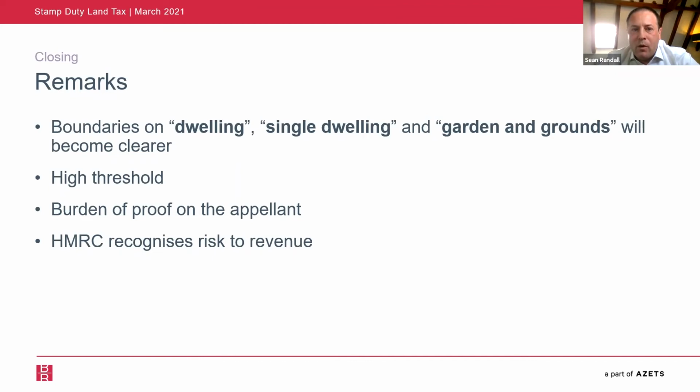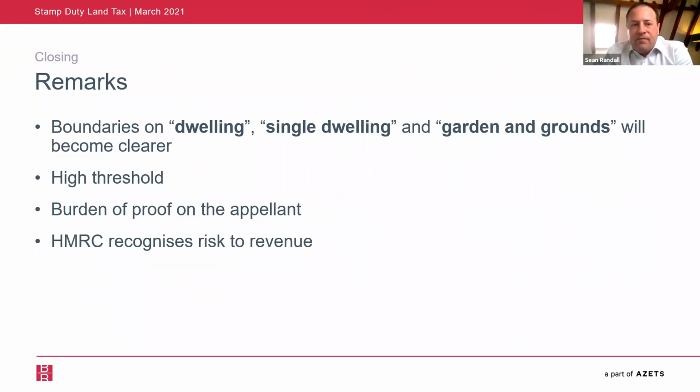So the meaning of dwelling, single dwelling, and garden and grounds, which are used in the stamp duty legislation for the description of a residential property, are clearly still important, and will become even more important because with the 2% surcharge applying from April, that rate difference is being extended and increased. So even more pressure to understand and apply the rules regarding derelict dwellings, annexes, guest suites, staff flats, and adjoining land.